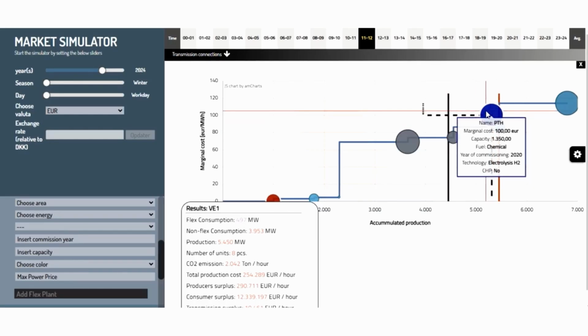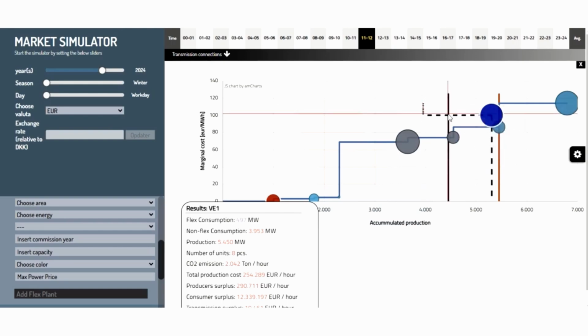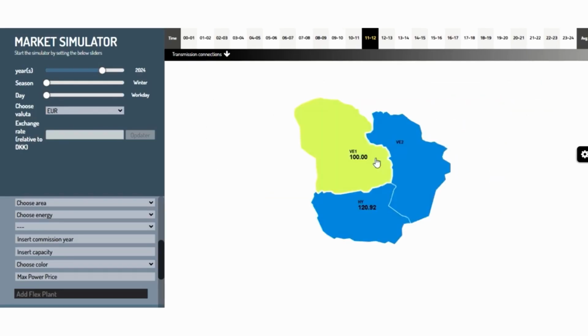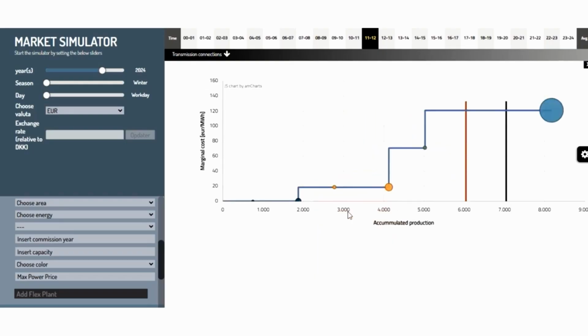It's the only unit in V1 that is part loaded, and it's the reason why it is this unit here that is setting the market price in V1. So the market price in V1 is this 100 euros per megawatt hour. If we look here at HI, it is still this unit here that is the price setting unit in HI.